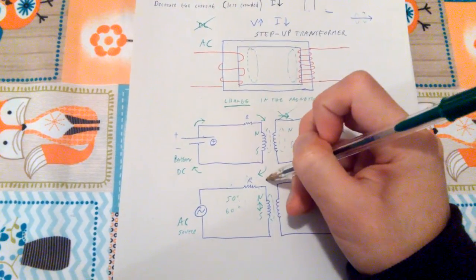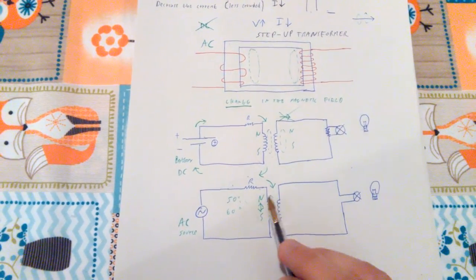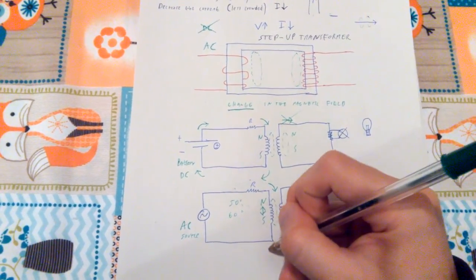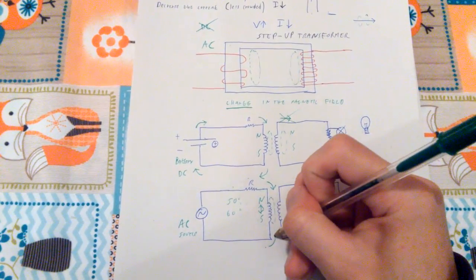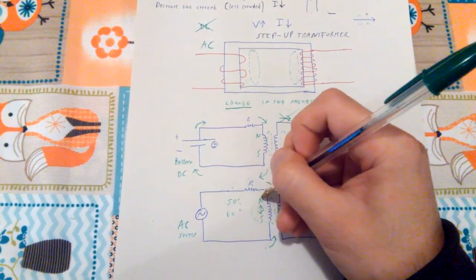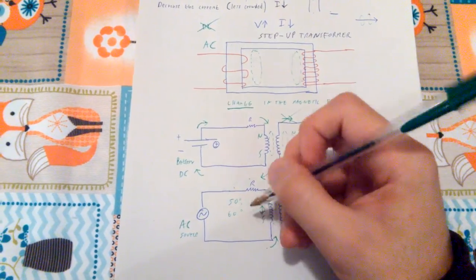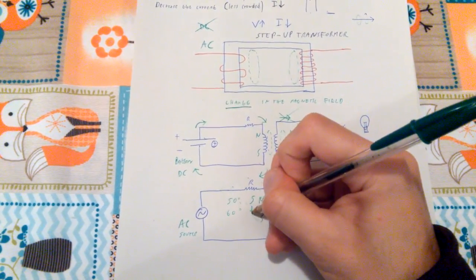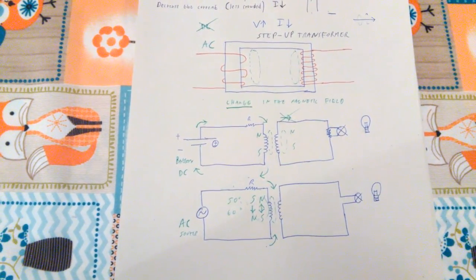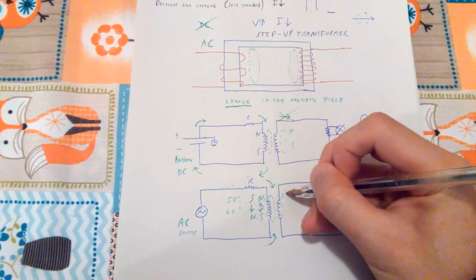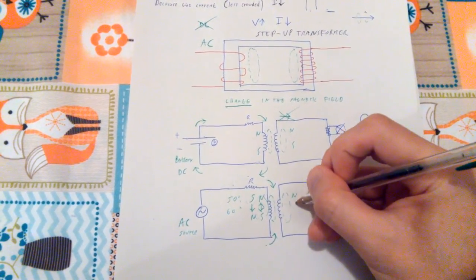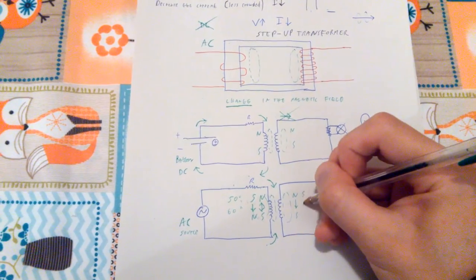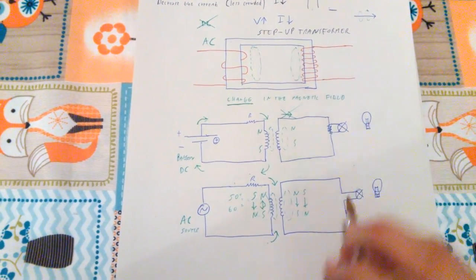Because when the current flows like this, it's going to be north and south. But when the current flows in the opposite direction, it's going to be south and north. So the magnetic field, as I said, is going to be north, south, and south, north.